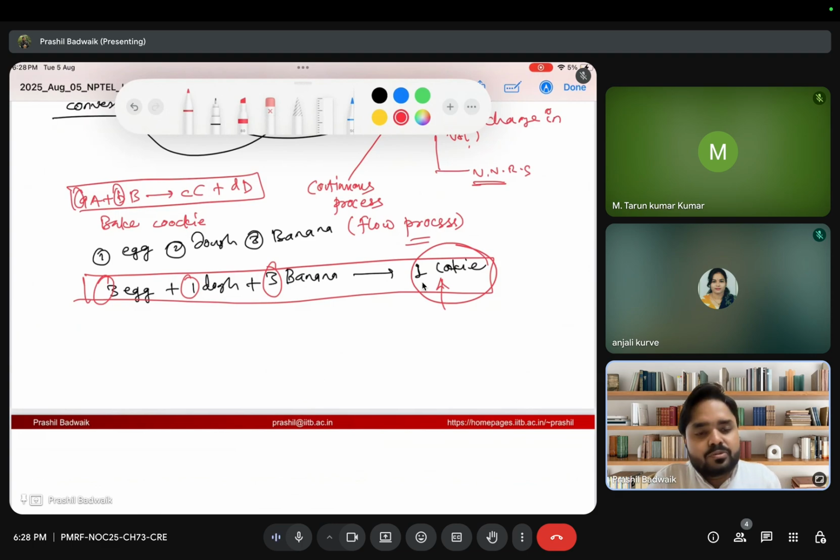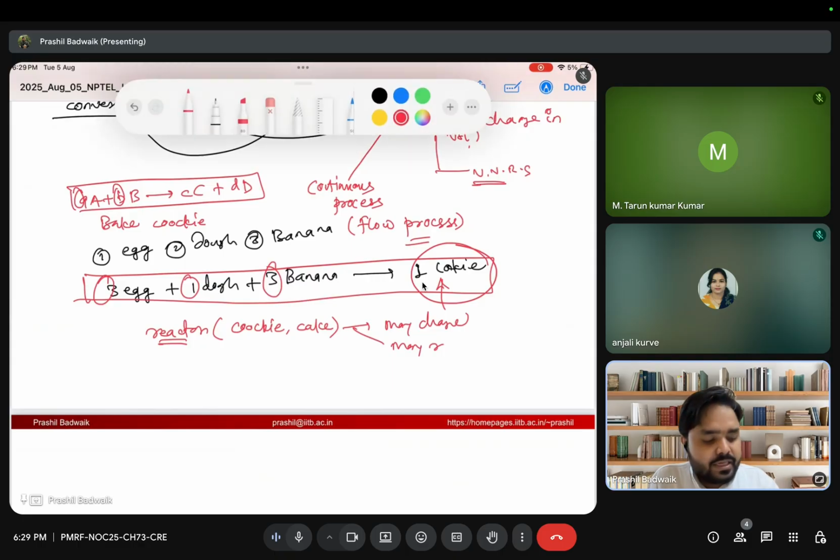Sometimes if you add some soda, it swells, and the size of the bread increases, right? That means I had one system, one reactor inside which I prepared one cookie or cake, whatever. And after a certain time, when you add these components inside, the volume of the system may change or may remain constant.